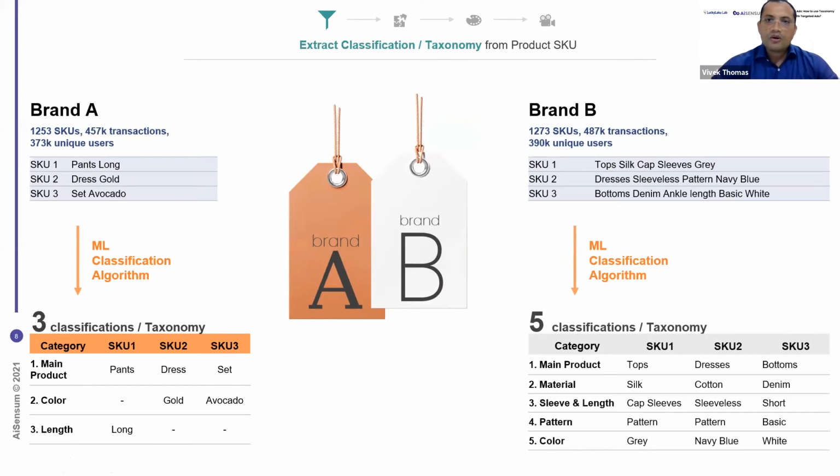Brand B has 5 different categories or 5 dimensions on which you can actually extract the information about these SKUs. And this is how that looks. So we can understand the main product, the material which was used, sleeve and length, pattern, etc. Okay, so that's how these 2 brands are a bit different.